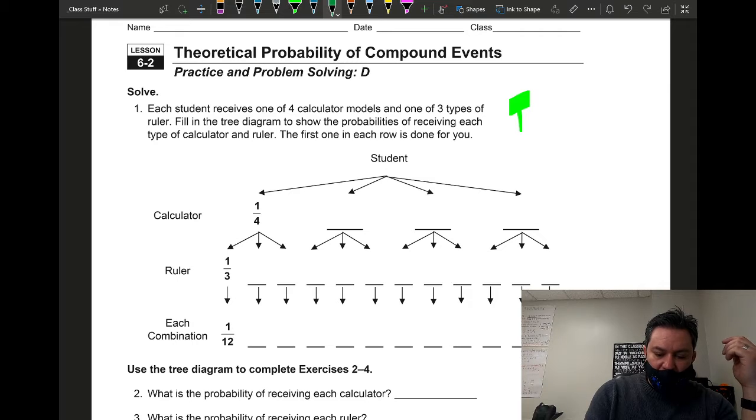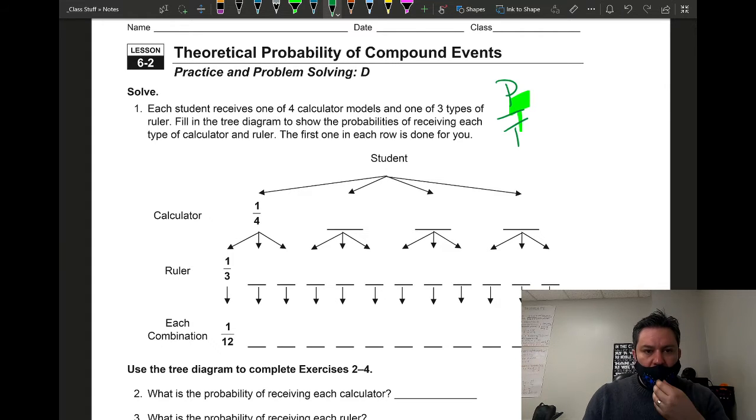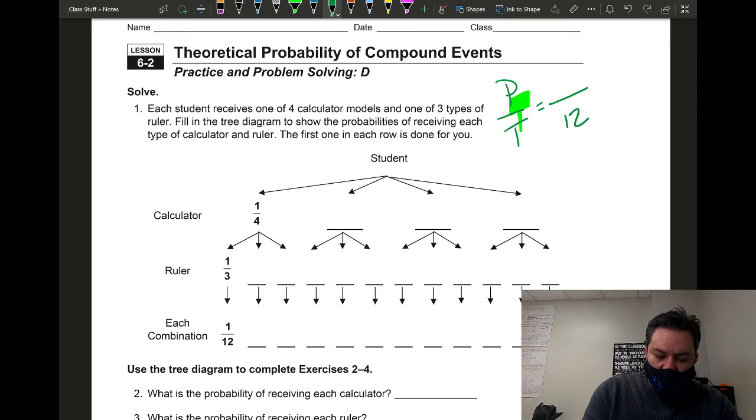Remember, this is still part over total: the top of the fraction is whatever you want to happen, divided by everything that can happen. In this case, the total is going to be 12. How do I know that? 4 times 3. That's it.